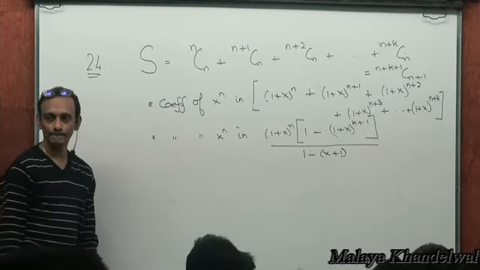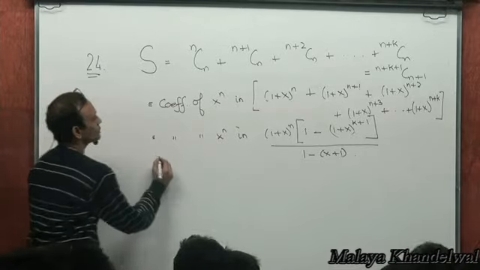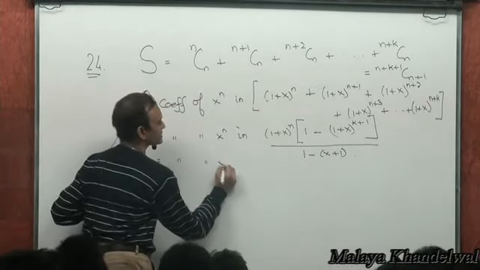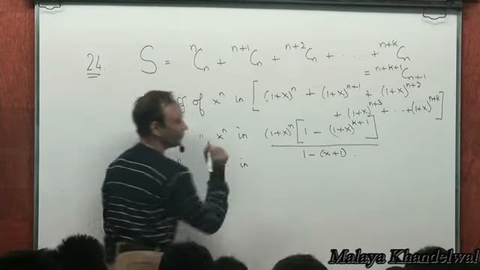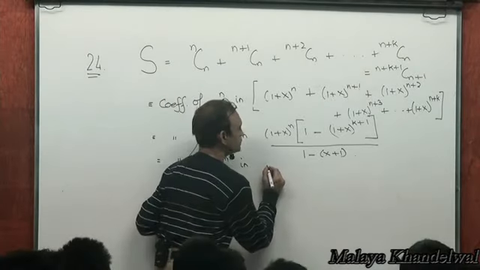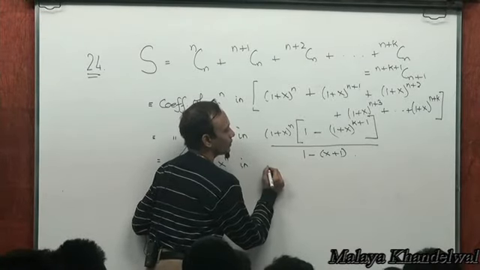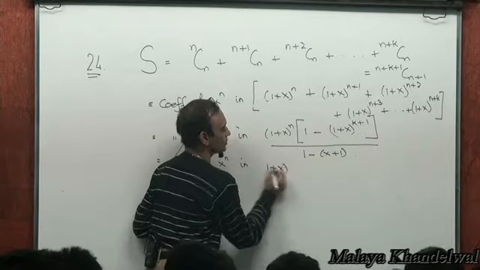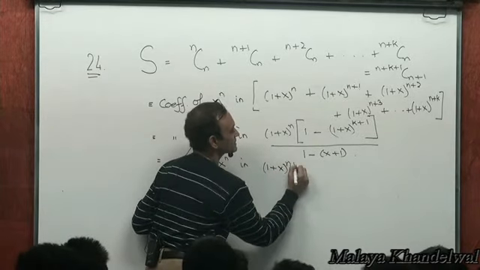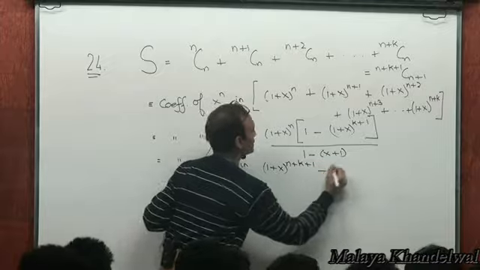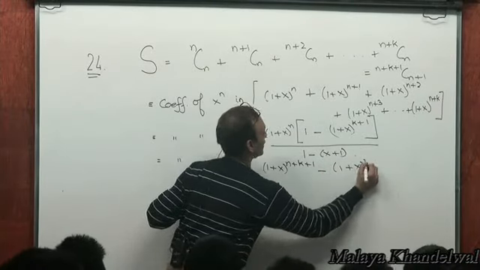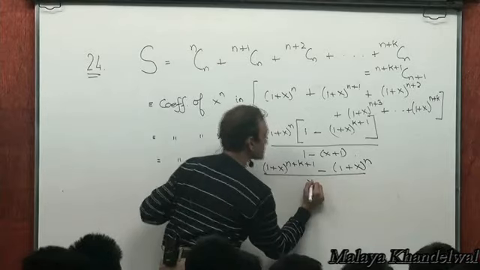Which is coefficient of x power n in 1 plus x to the power n plus k plus 1 minus 1 plus x to power n, divided by x. Yes or no?